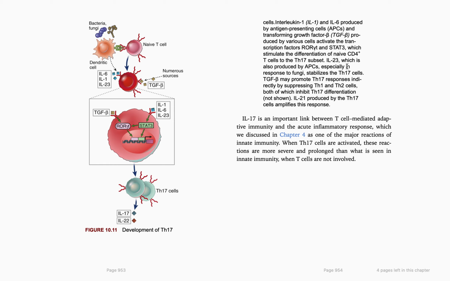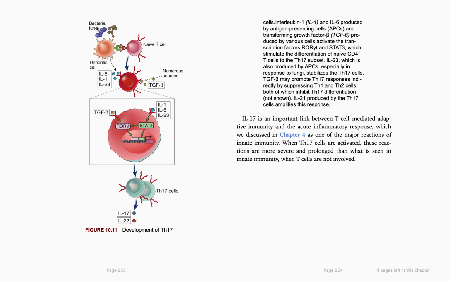Interleukin 23, which is also produced by antigen presenting cells, especially in response to fungi, stabilizes the T helper 17 cell. Transforming growth factor beta may promote the T helper 17 response indirectly by suppressing T helper 1 and T helper 2 cells, both of which inhibit T helper 17 differentiation, not shown. Interleukin 1 produced by T helper 17 cells amplifies this response.